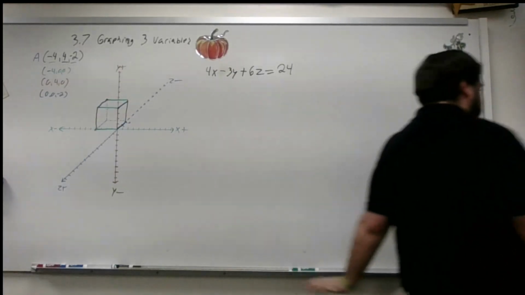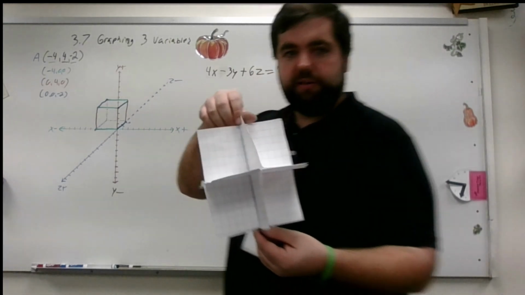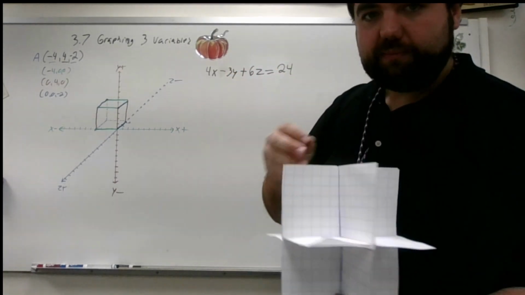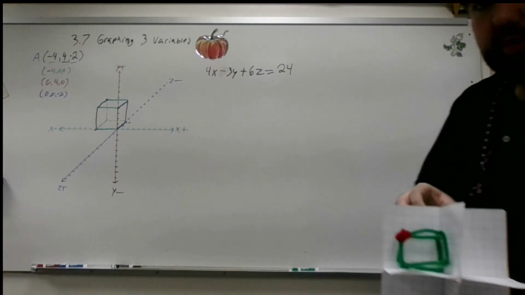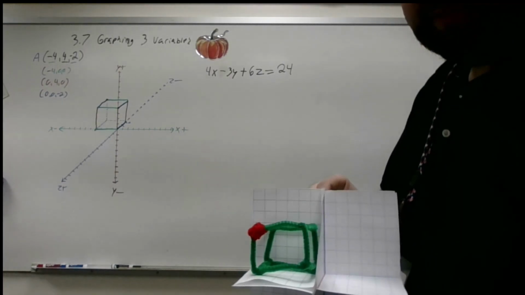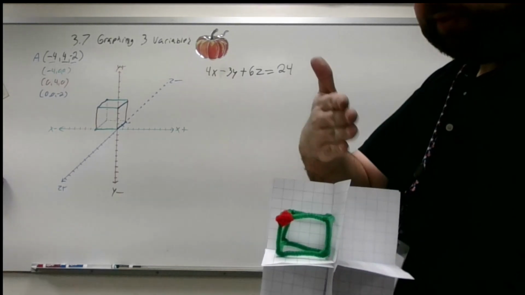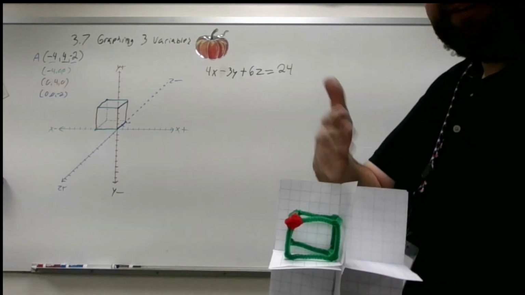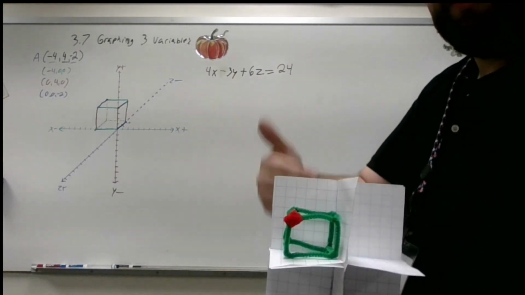So if I get this out, I got the cube. What I have is something like this. I have a cube. This would be my x-axis, this would be my z-axis, and this would still be my y-axis.